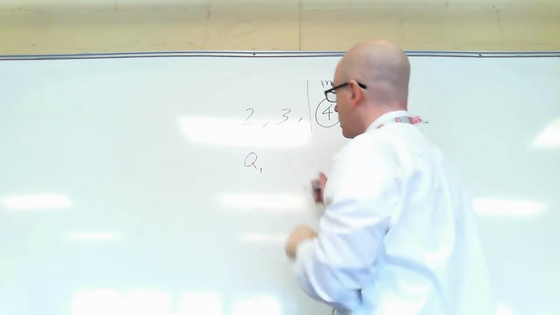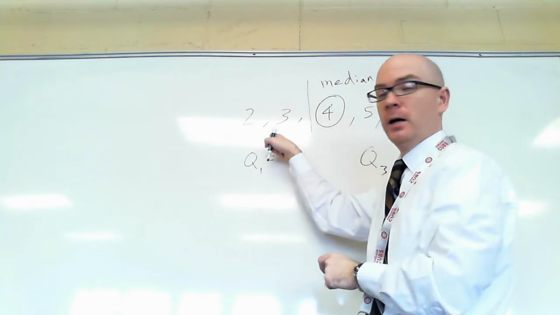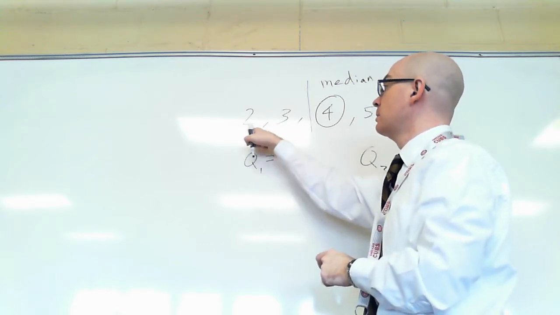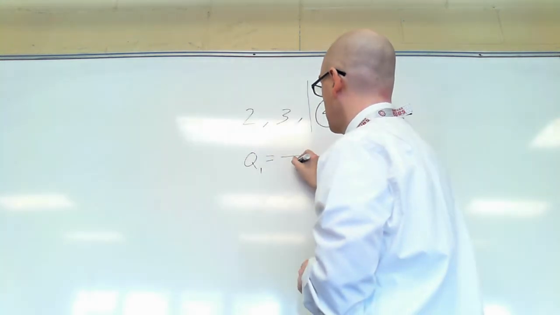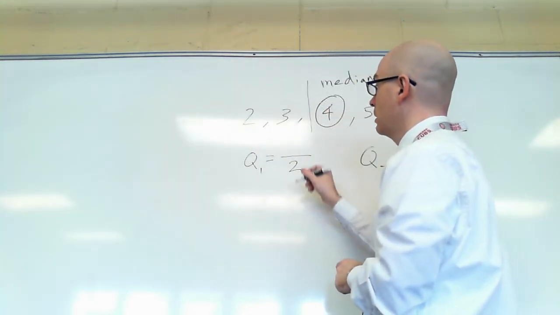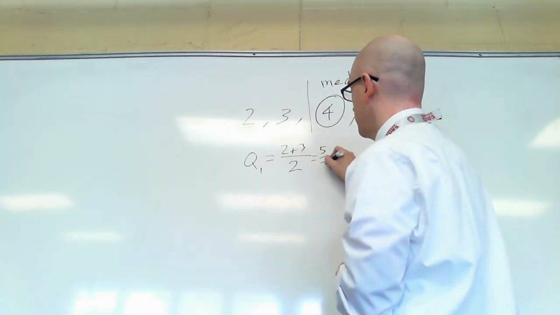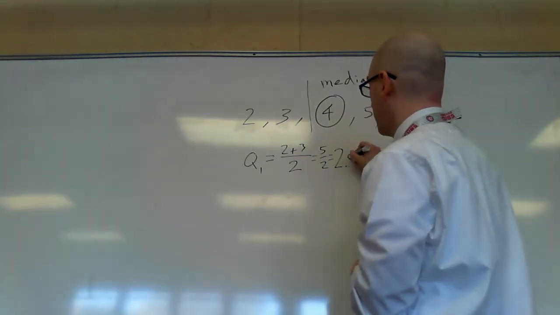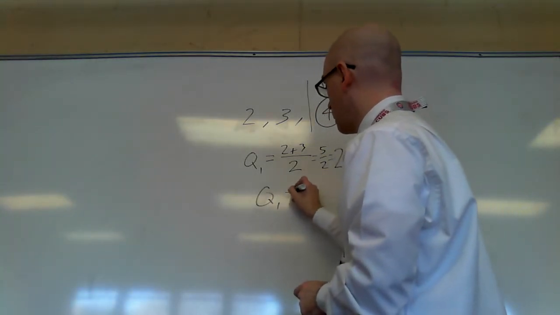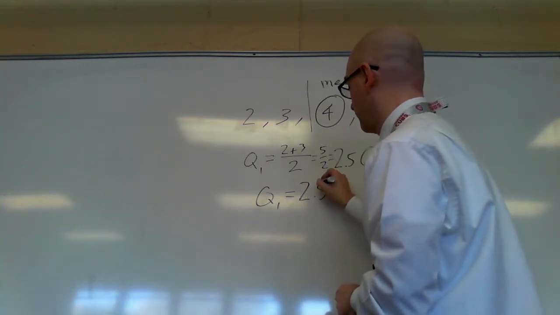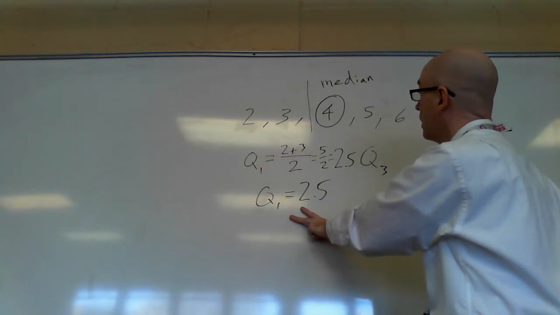Our first quartile is going to be the mean of these data values here. So I've got 2 data values. So I have 2 in the denominator and 2 plus 3 up on top, which is just 5 over 2, or 2.5. So my first quartile is right there at 2.5. That's it. Our first one is done.